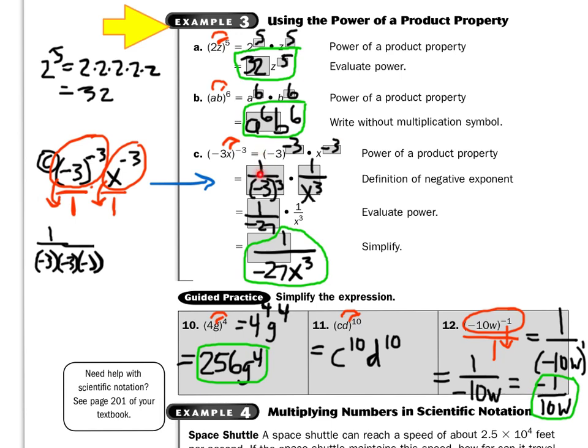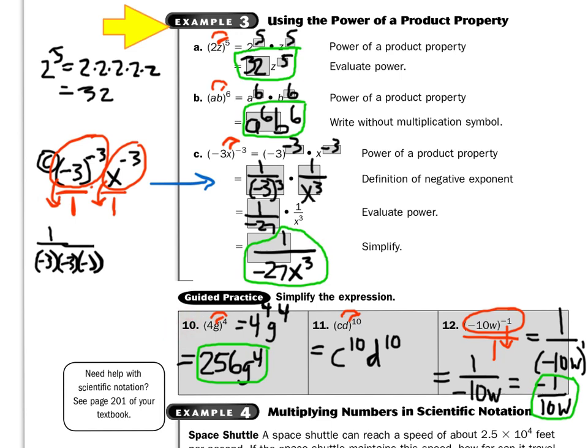So I wrote 1 over -3 in parentheses to the 3rd power times 1 over x to the 3rd power. So I could just multiply the -3 times -3 times -3. That gives me 1 over -27 times 1 over x to the 3rd power. So when I multiply that, 1 times 1 gives me 1 on top, over, and then negative 27 times x to the third power is negative 27x to the third power in the denominator, and I box my answer.